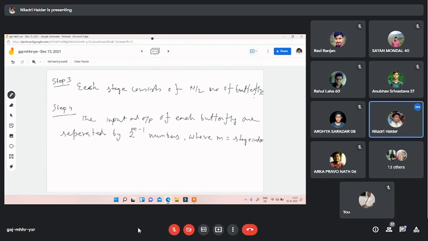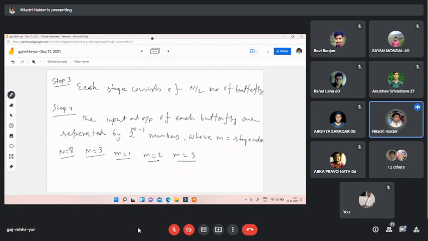Meaning, if you have 8 number of samples, you have 3 number of stages, then m equal to 1 means you are in the first stage, m equal to 2 means the second stage, m equal to 3 means the third stage. That is the stage index.